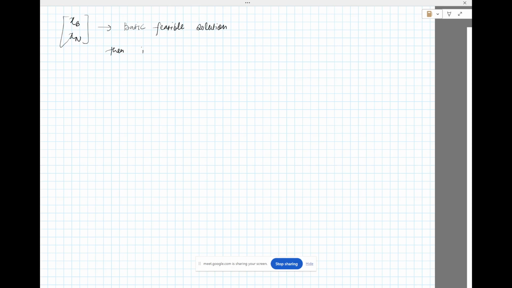Then it is an extreme point. Okay, you got what the question is? Yes, sir. So if we have a basic feasible solution of this form, then we need to show that it is an extreme point.